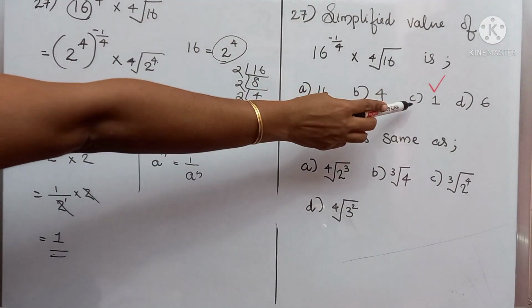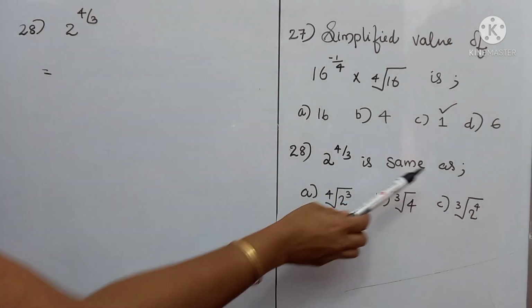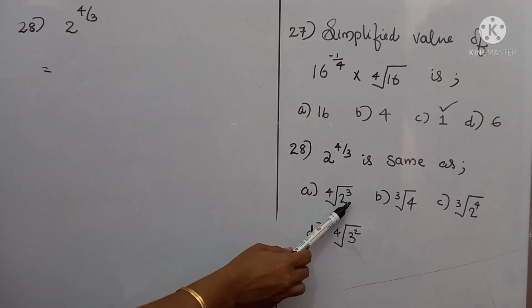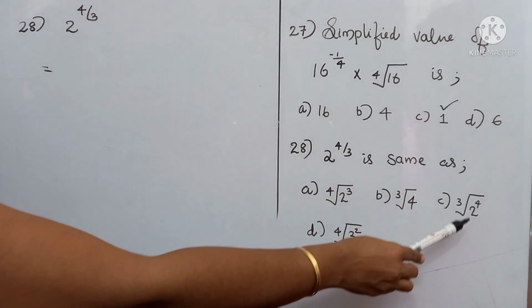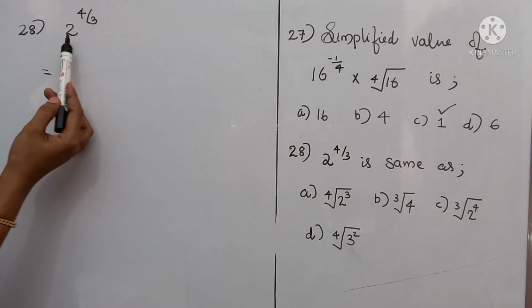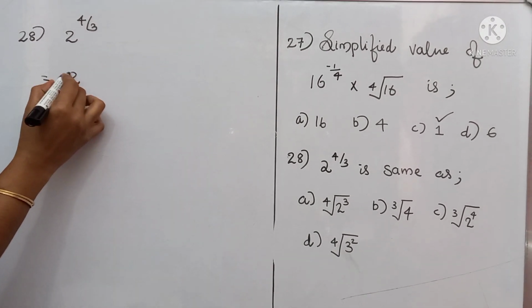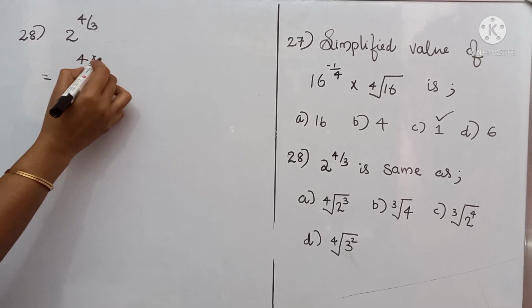Option C, 1. Question 8: 2 raised to 4 by 3 is same as 4th root of 2 cube. Option B, cube root of 4. Option C, cube root of 2 raised to 4. Option D, 4th root of 3 square. We have to find that answer. Here we can write 2 raised to 4 by 3 as 2 raised to 4 into 1 by 3.